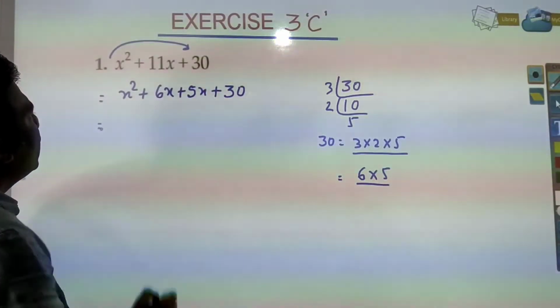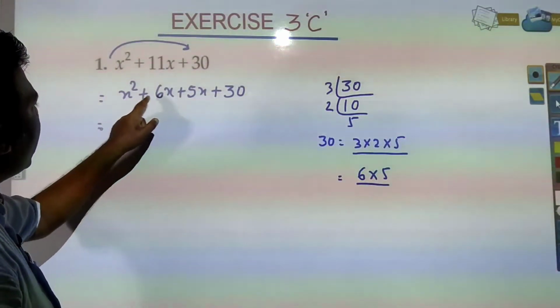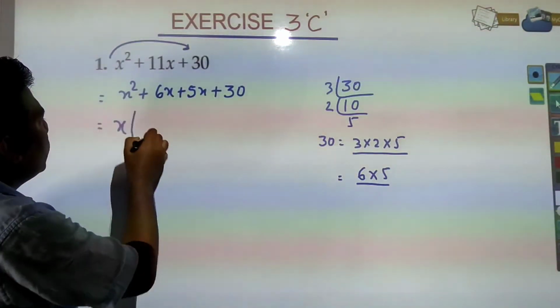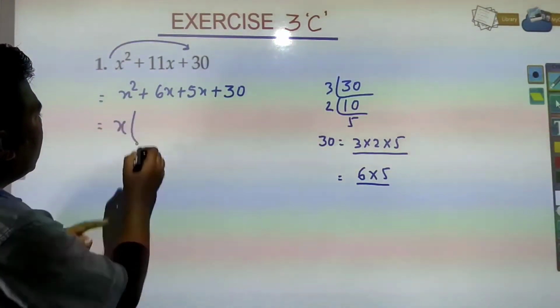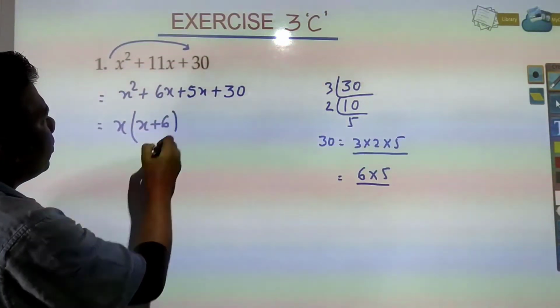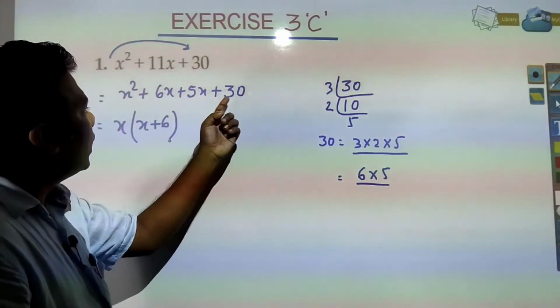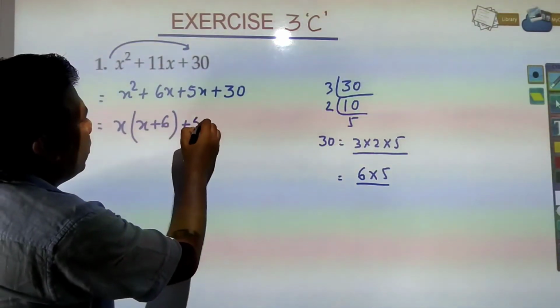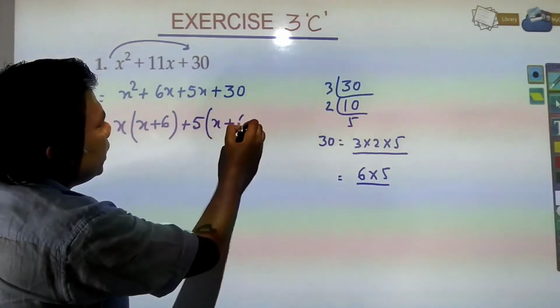Now in x square and 6x, what is common? We have common x. Taking x out, you will be left with x plus 6. And again from 5x and 30, we can take common 5, so you will be left with x plus 6, since 5 6s are 30.